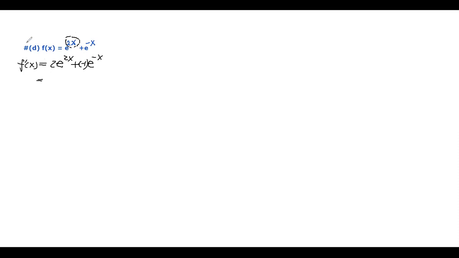So what do we have here? We have 2 e to the 2x, right? Minus e to the negative x here. Now we set this equal to 0. The reason why I put this problem is because I want you to know how to deal with exponentials. Typically, the way you want to factor.